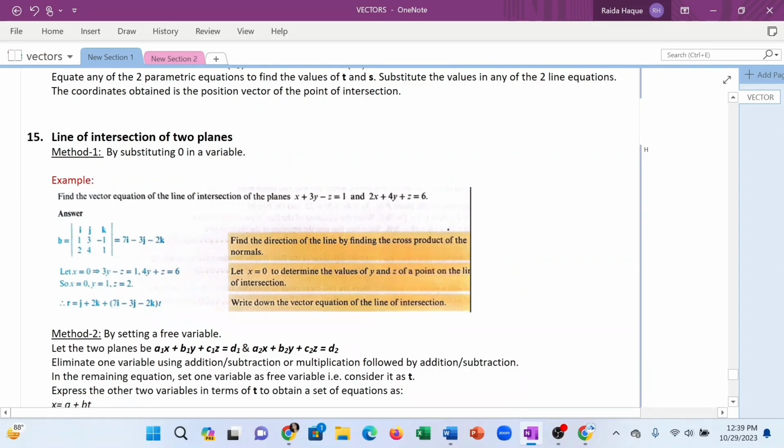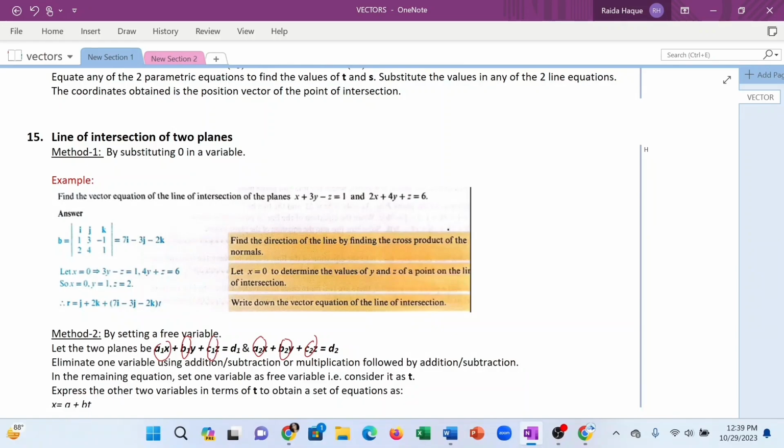So we can simply do addition or subtraction if the coefficients of one of these variables are equal in magnitude. So if a1 equals plus or minus a2, or b1 equals plus or minus b2, or c1 equals plus or minus c2, we can just do addition or subtraction to eliminate one of the variables x, y, or z, right? But if none of the magnitudes are equal, what do we do then?